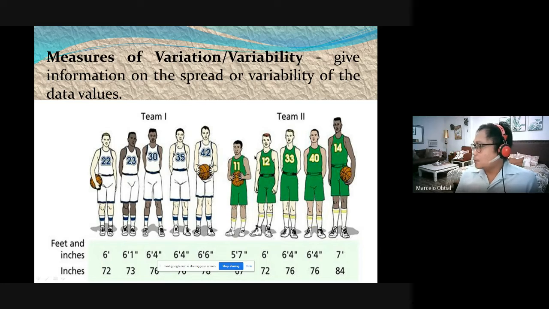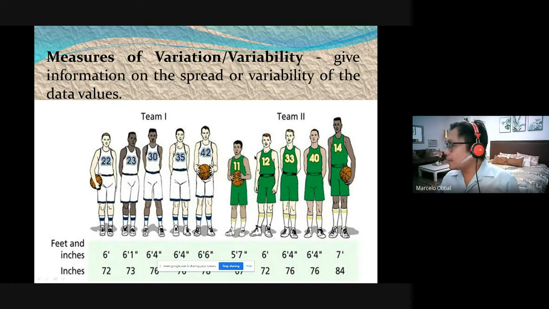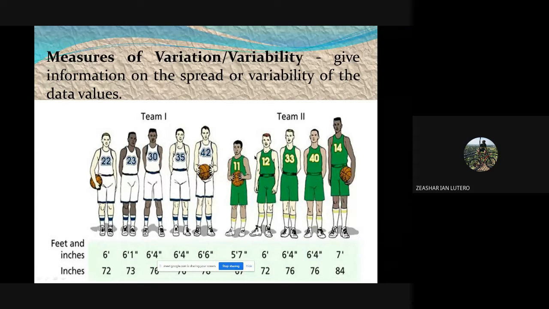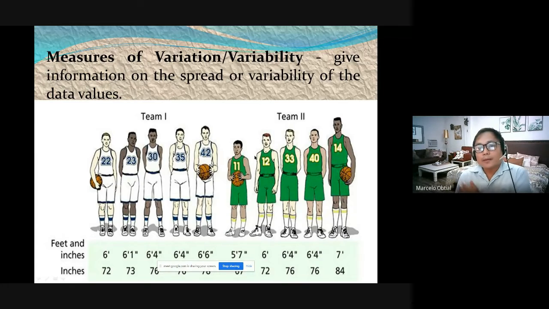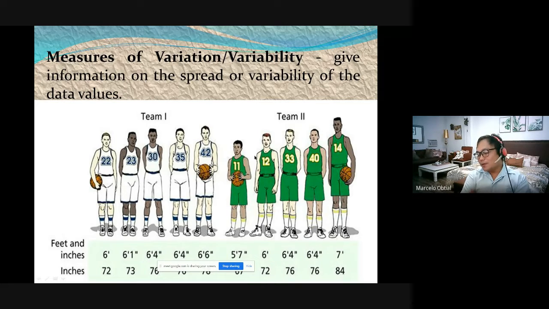Team 1, team 2? Team 1, sir. Okay, Zishar. Team 1. Bakit team 1? Mas nag-iiba yung heights. Di sila same sa team 2 na nakapasunod dyan. Okay. So yung basihan natin is may order siya from lowest to the highest.